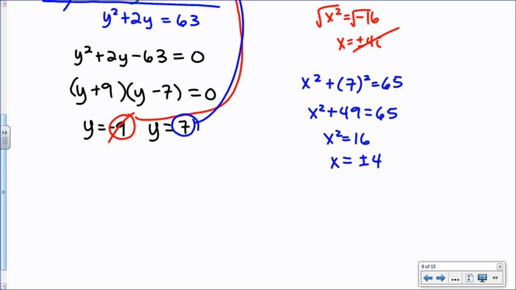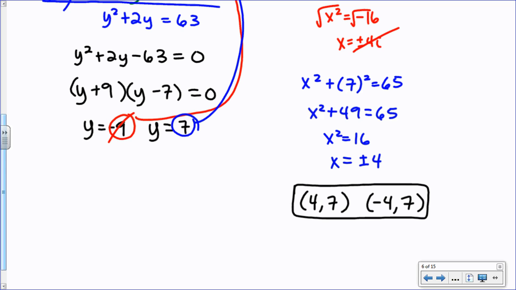So I have two x values for that one y value. So that's 2 points, 4, 7, and negative 4, 7. But this is how you could get 4 solutions. Like if this one hadn't been imaginary, you would have had 2 x values to go with that y coordinate and 2 x values to go with the y coordinate of 7. Okay? Okay. So that's where we'll stop.